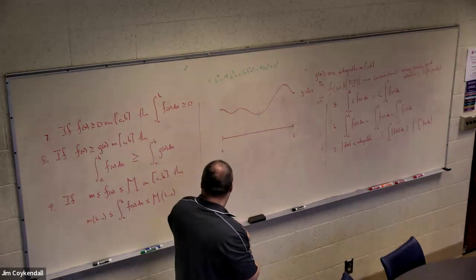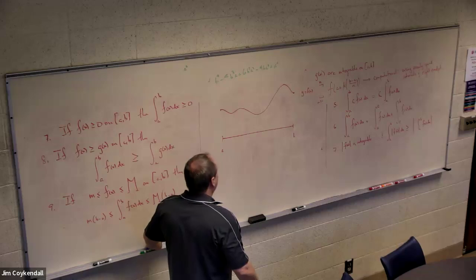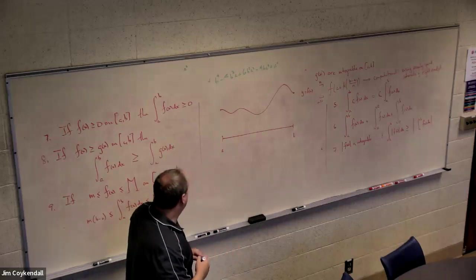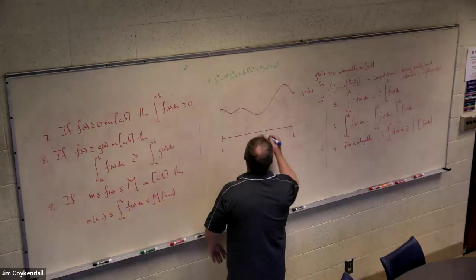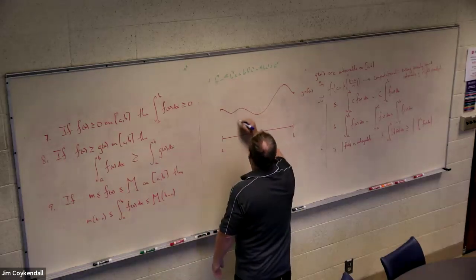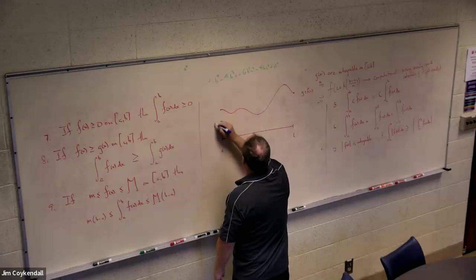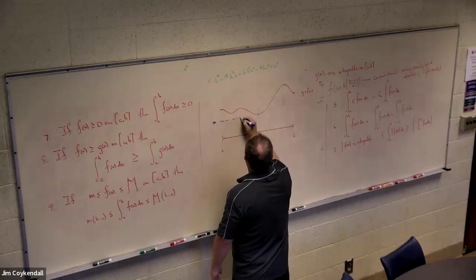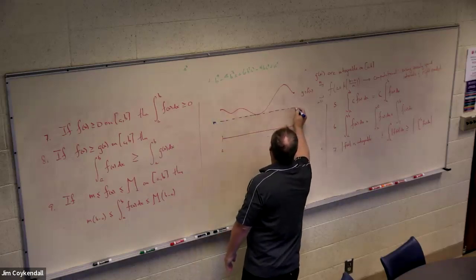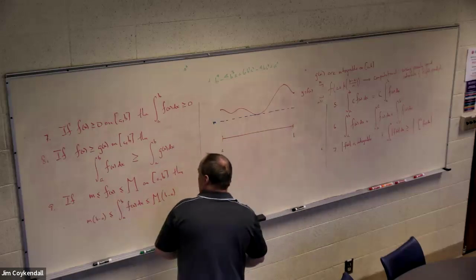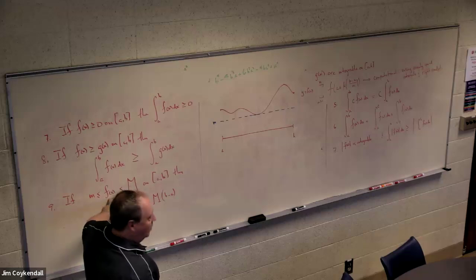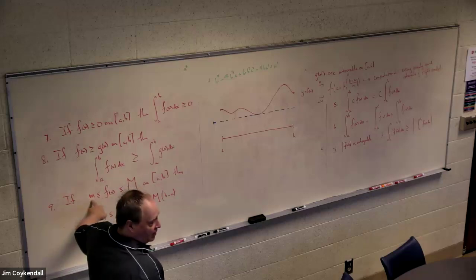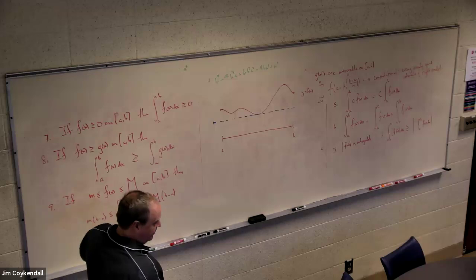Now, notice that we have from earlier that it says a minimum and maximum. Would everybody agree that every red y coordinate is greater than or equal to little m, which is along the blue dotted line?